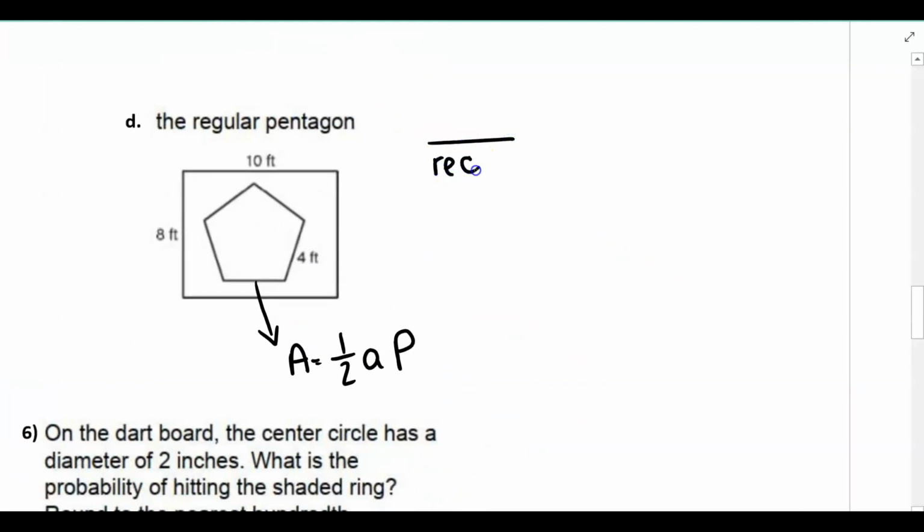Out of this entire rectangle, what is the probability that it lands within the pentagon? Okay, so the area of the whole rectangle, that's a 10-foot by 8-foot space. So I know that that's going to be out of 80 feet squared. So out of those 80 feet squared, we want to know the preferred space. What is the area of the pentagon here?